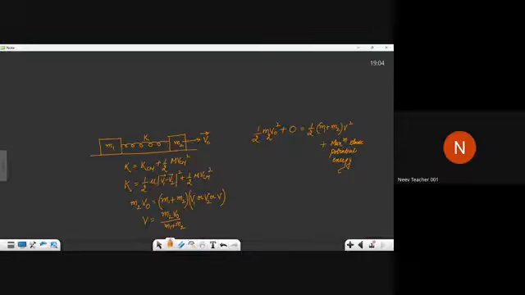Two identical spheres collide as shown in the figure.